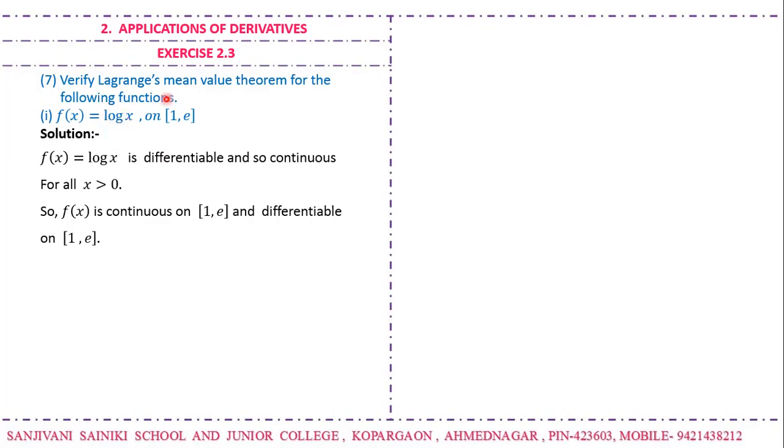As log x is a continuous function, there is no problem for log x. And you must know the graph of log x, so I will show you the graph. This is the x-axis, this is the y-axis, and the graph of the function is like this.